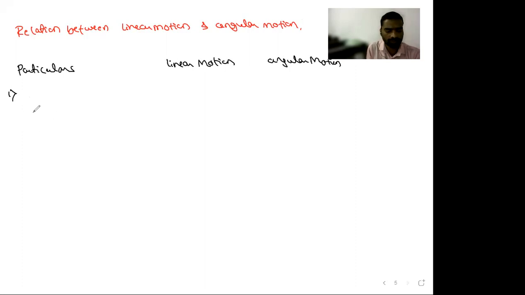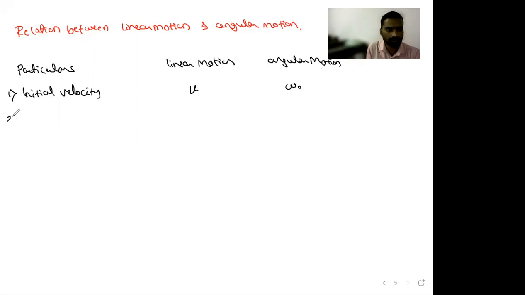The first one is initial velocity. How is it denoted in linear motion? It is U. Then in terms of angular, it is omega naught.